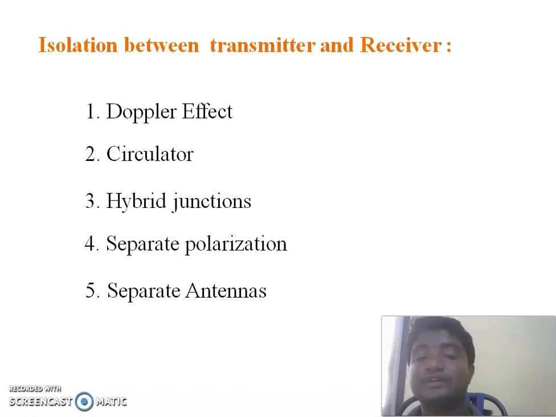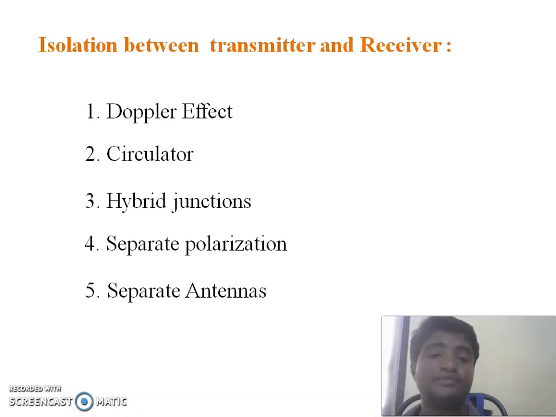On these two parameters we have to provide isolation between transmitter and receiver. The amount of isolation depends upon the power tolerated by the receiver circuitry and the amount of noise entering the receiver from the transmitter.